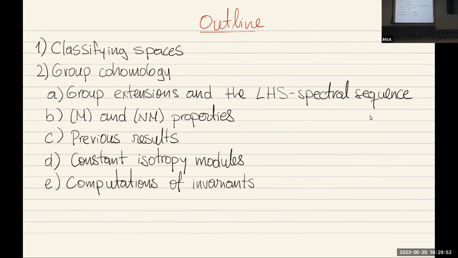Okay, an outline of the talk. First, I will recall some definitions about classifying spaces. Later, some definitions about group cohomology, group extensions, and the Lyndon-Hochschild-Serre spectral sequence. Two properties that will be crucial in our computation: the M property and the NM property, some previous results, constant isotropy modules, and how to compute invariants.